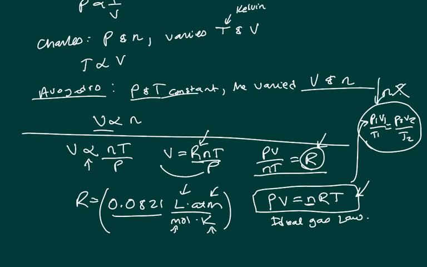For the combined gas law, n was held constant. Okay? And then we had three variables that we were measuring. But here, we can have all four variables of our gases: pressure, volume, temperature, and the number of moles.